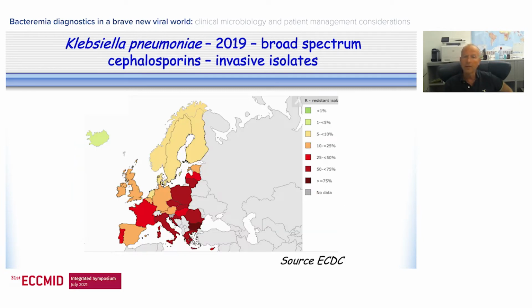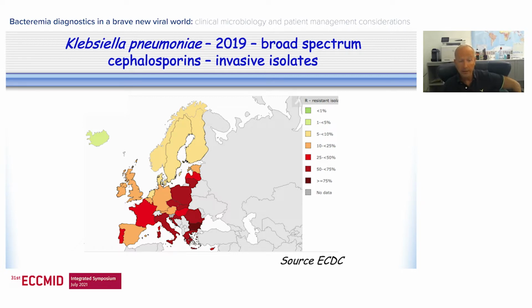Now, when looking at Klebsiella pneumoniae, still in 2019, still resistance to broad-spectrum cephalosporins and still invasive isolates, you see that the situation is even worse, because we have some countries with a percentage of resistance over 50%. Again, you have Italy, Greece, and Romania, and so on.